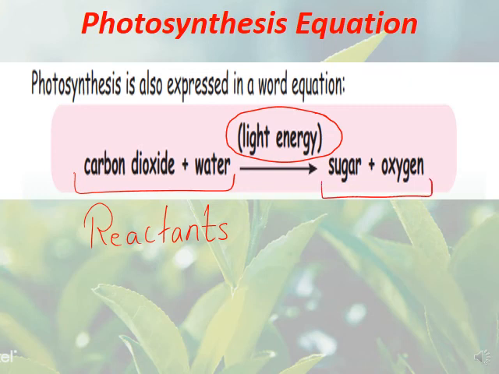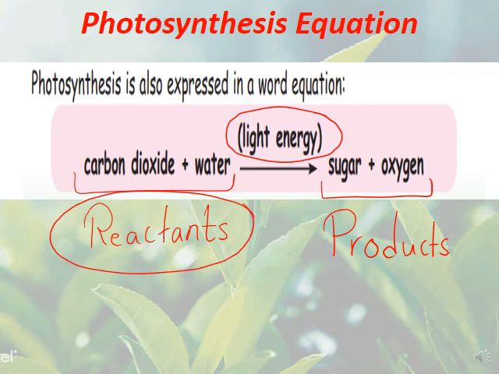We said that sugar is stored in the form of starch and oxygen is a waste product. Both of them are called the products. So before the arrow, to the left of the arrow, they are called reactants. They react with each other and mix with each other to give the products that are to the right of the arrow.